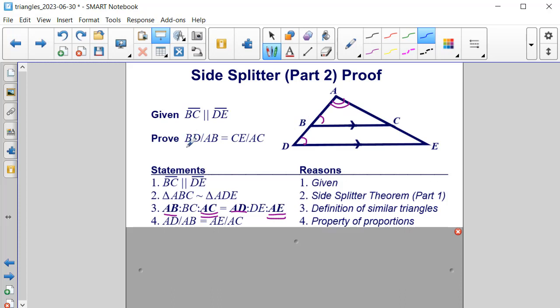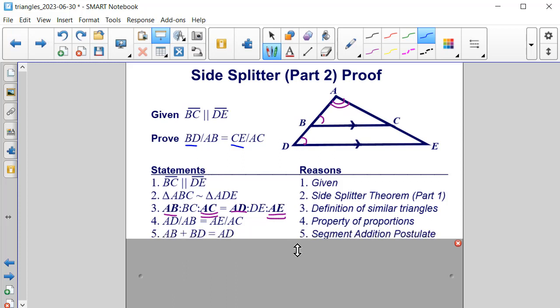So now, since we're looking for BD, the smaller part that's not currently in here, and CE, these two at the very top, or the first values in the fractional sides of the proportion, we can rewrite AD as AB plus BD by the segment addition postulate.